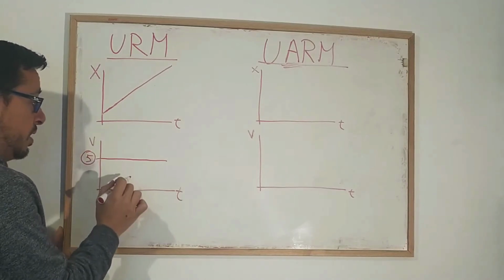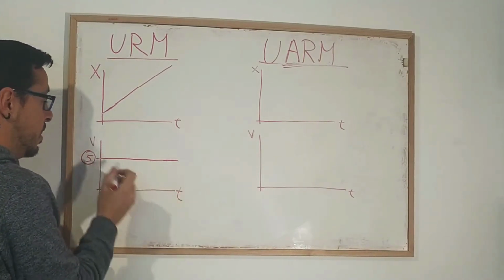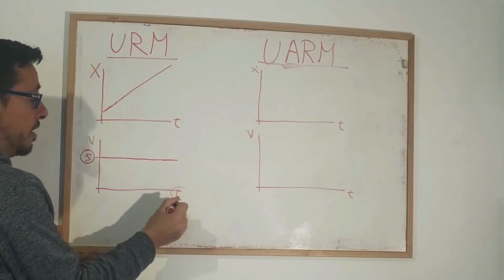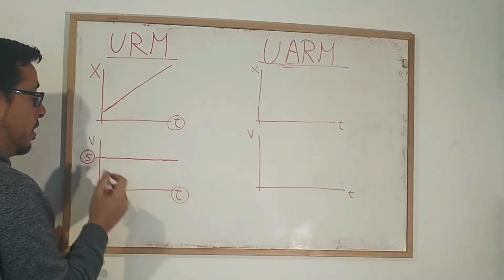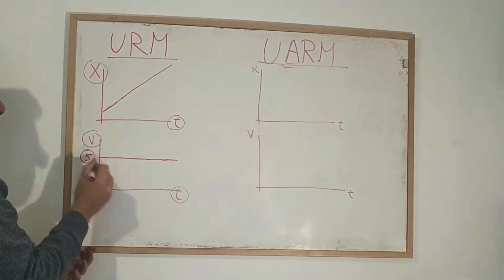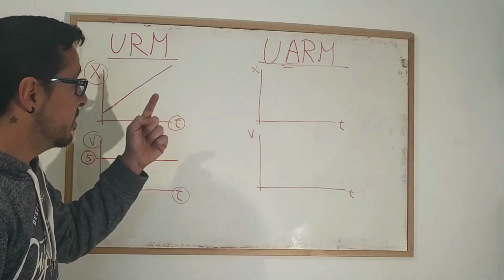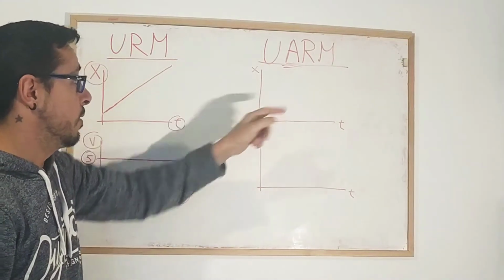Take care when you see a graph, okay? Here is always the time, but here it can be a position time graph or speed time graph. Last day I started to talk to you about this one.